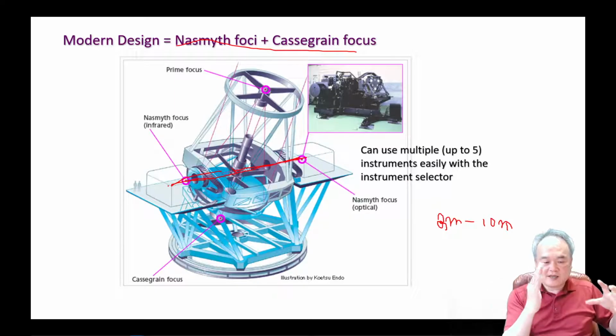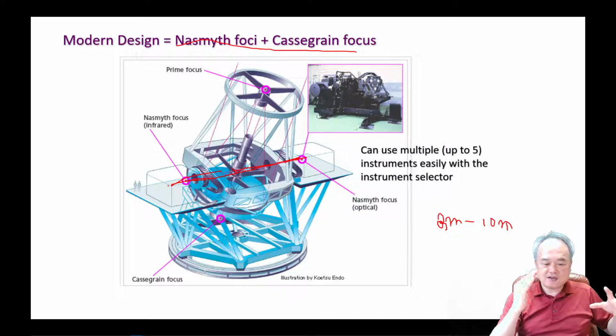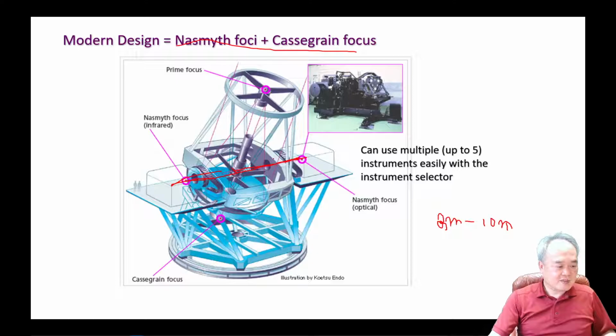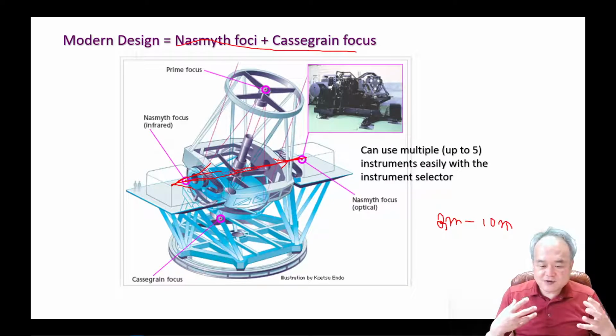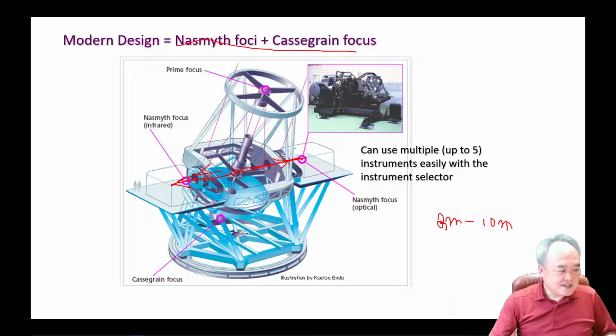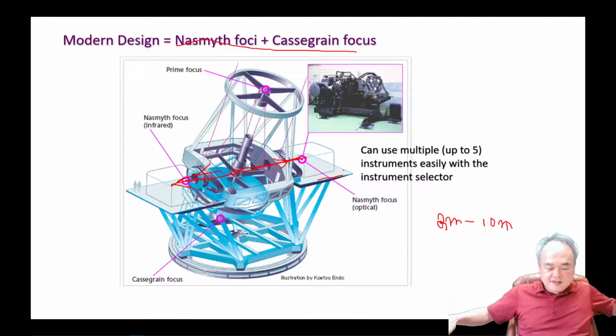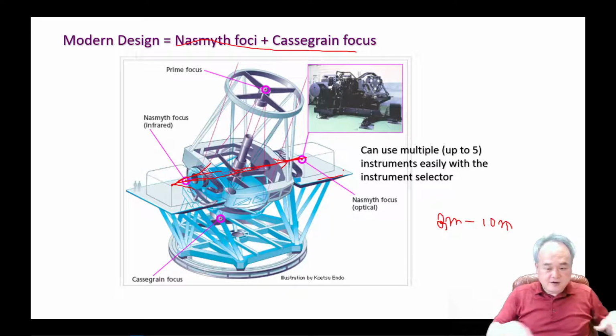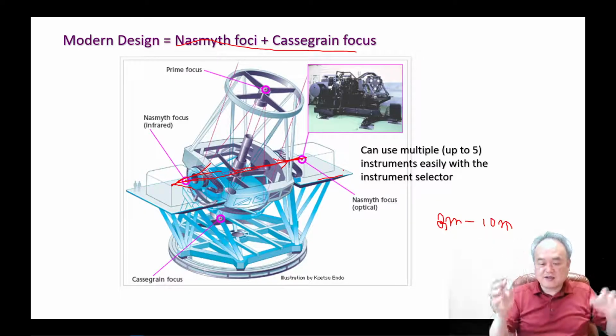By rotating a tilted tertiary mirror, you can send the Nasmyth focus either to the right side or to the left side. Why is this beneficial for us? Because the focus can be brought out on the telescope floor level, away from the telescope mounting.